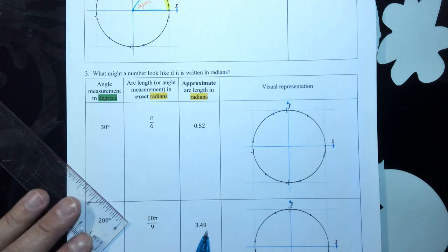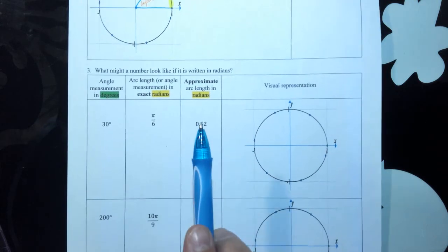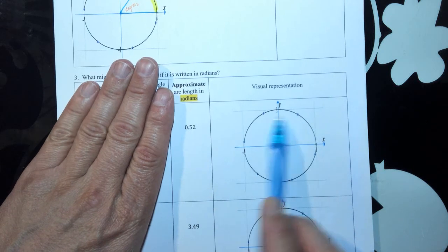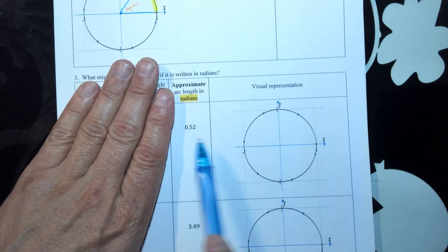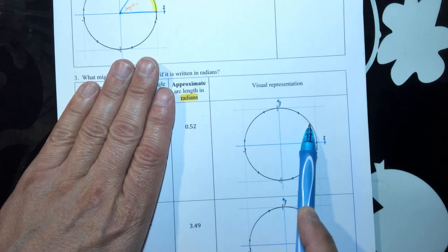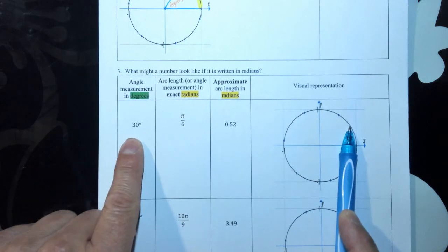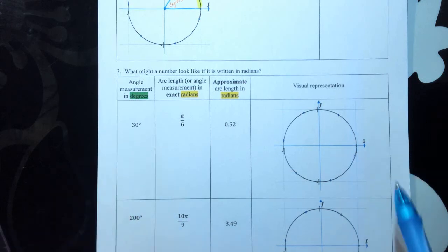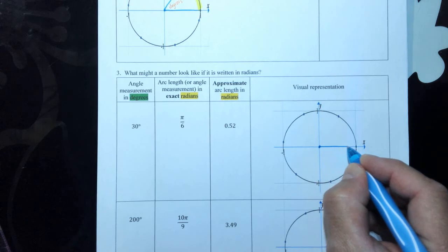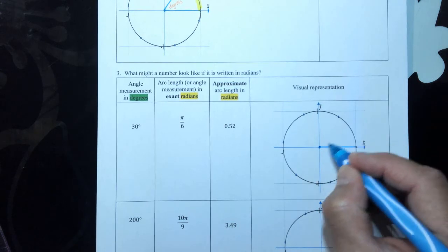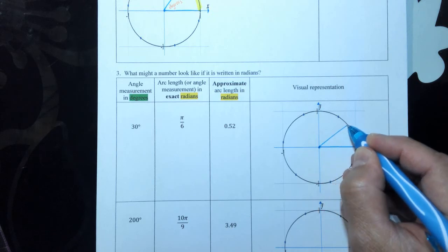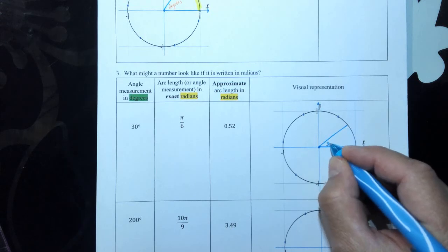Hopefully that makes sense. So if I were to ask you, where's 0.52? You know that that's one. Think of it like inches. This is 1 inch, so half an inch would be about right there, which is about where 30 degrees is. So if I were to draw a 30-degree angle, I know right there is 45, so I'm going to go right there. So there's a 30-degree angle.